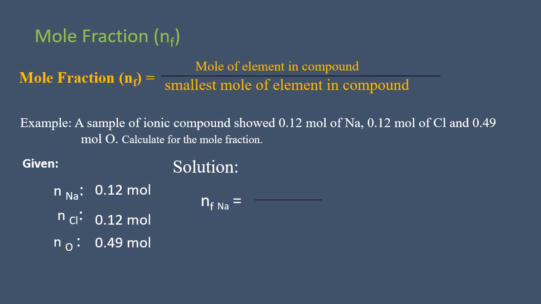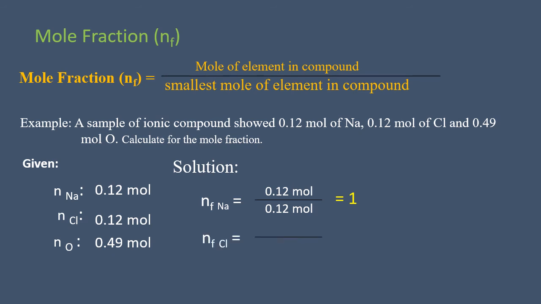Mole fraction of sodium is equal to the mole of sodium divided by the smallest mole. The smallest mole of an element in the compound is 0.12 also. So 0.12 divided by 0.12 is equal to 1.